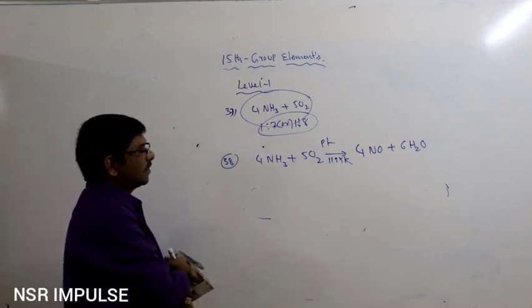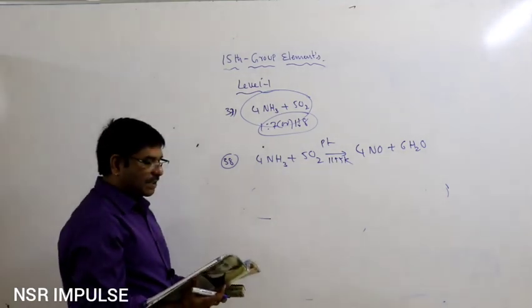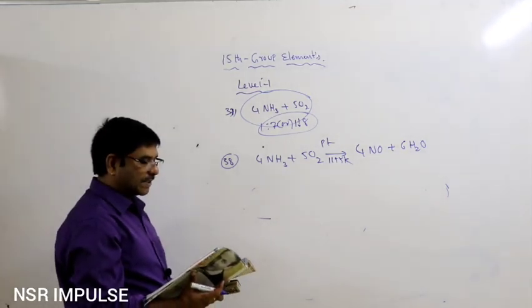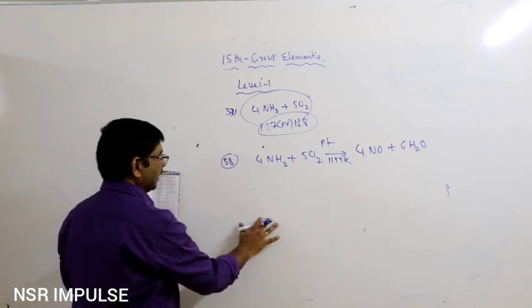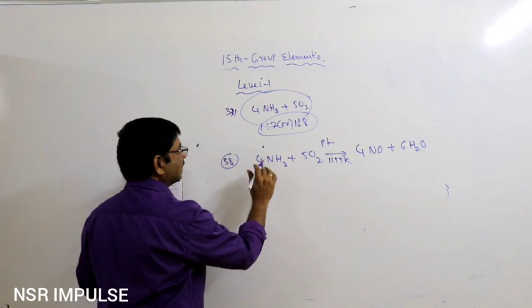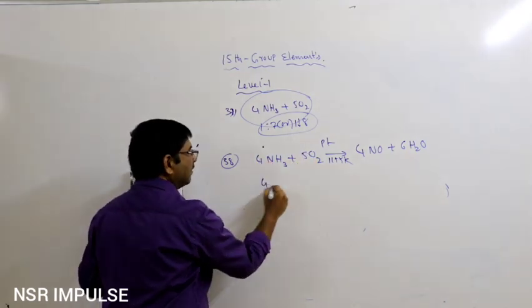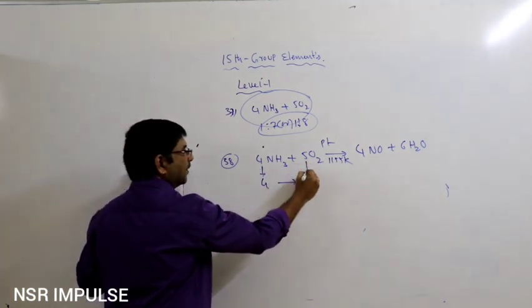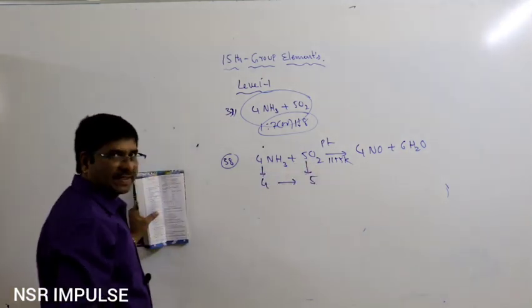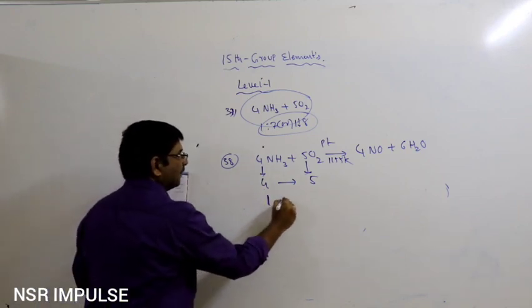Check it. So in question 38, what they want is the moles of oxygen required for 1 mole of ammonia. Generally 4 moles of ammonia need 5 moles of oxygen. In your question, he gave 1 mole of ammonia.